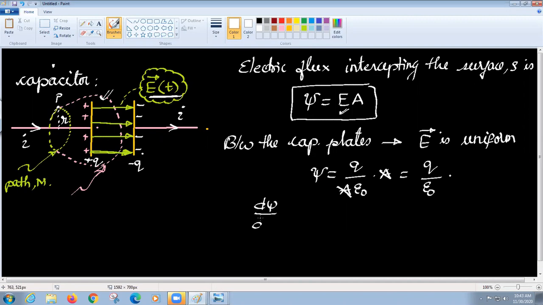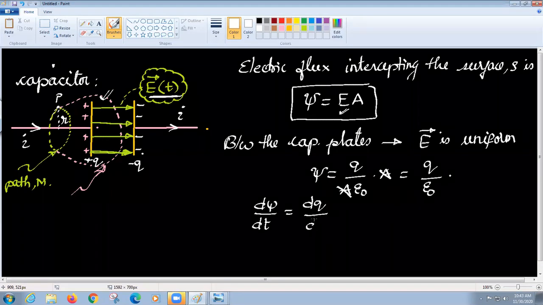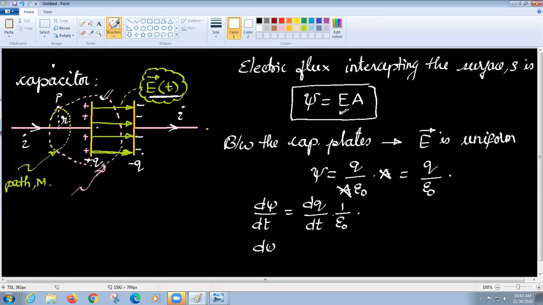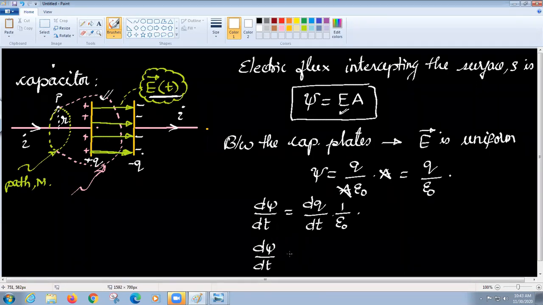So d psi over dt, the time rate of change of flux, is dQ over dt times 1 over epsilon naught, so on the right hand side you have current I multiplied by 1 over epsilon naught.